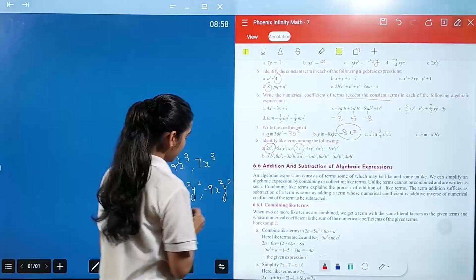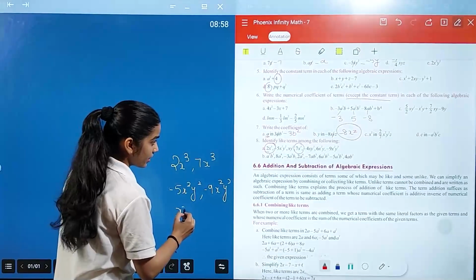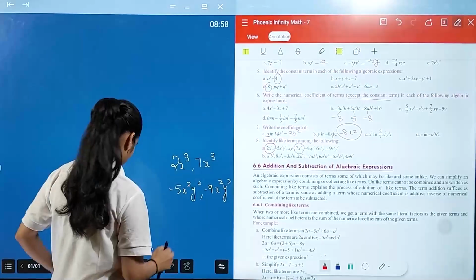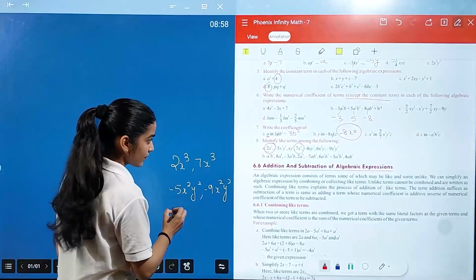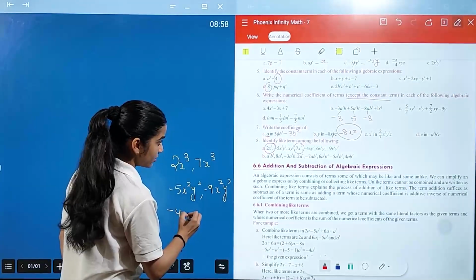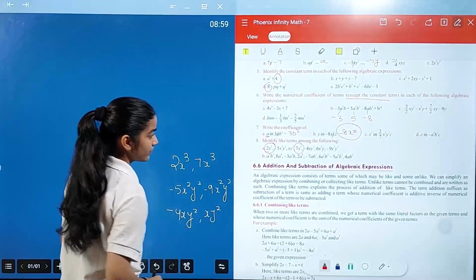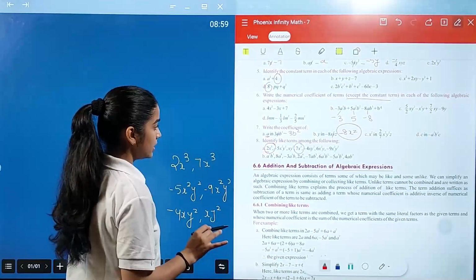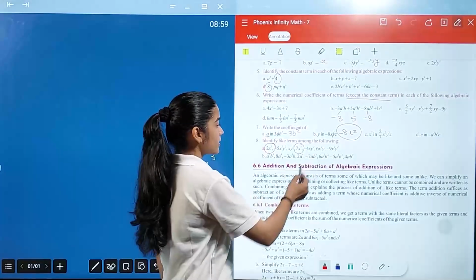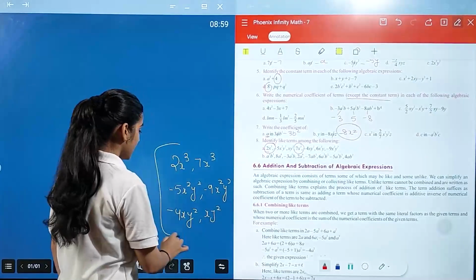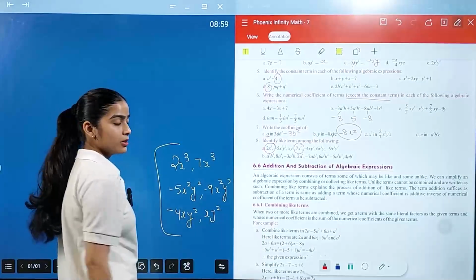Then x square and x square. Minus 4x y square and x y square. That's it. These are the like terms you have. 6x square y is not a like term here. So these are the like terms you have. In the same way, you have to identify them in part B.